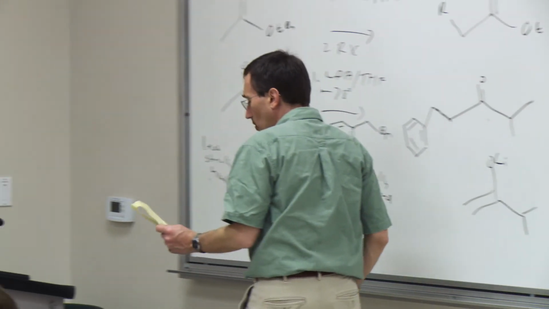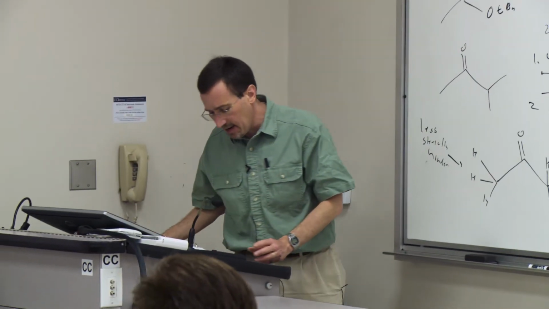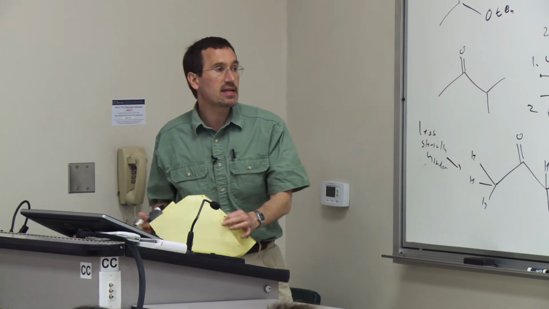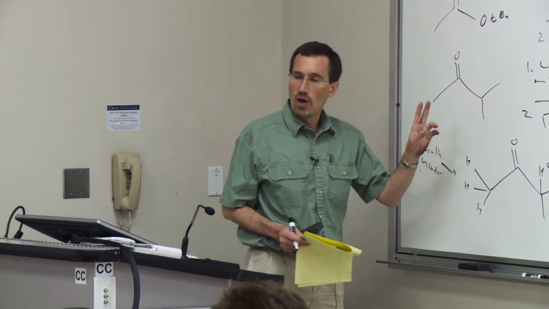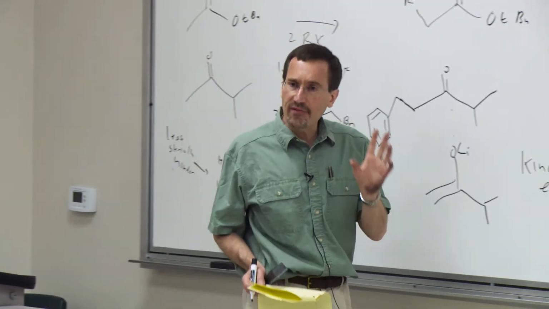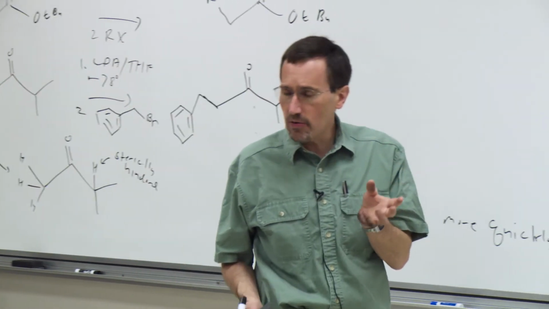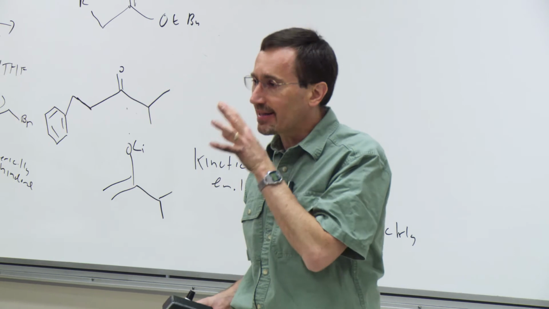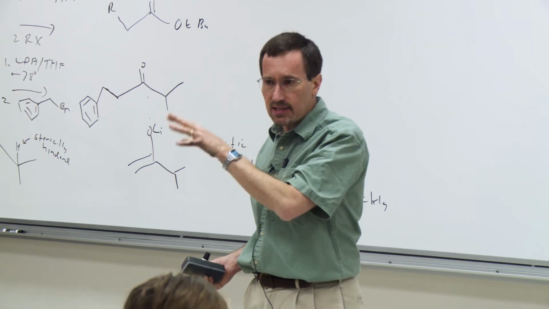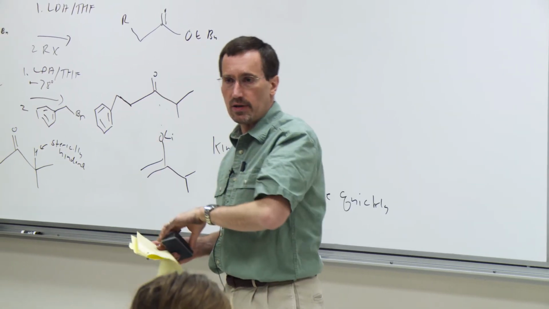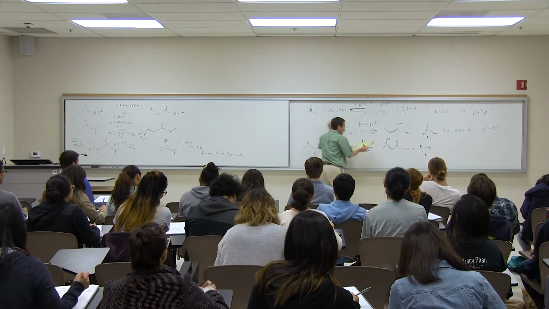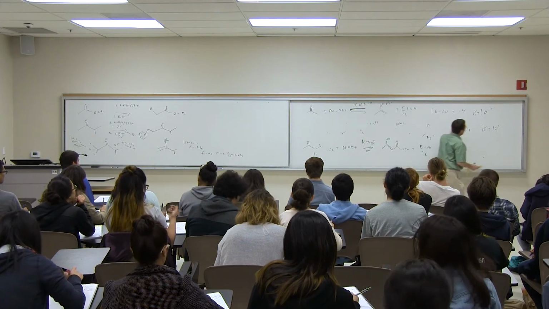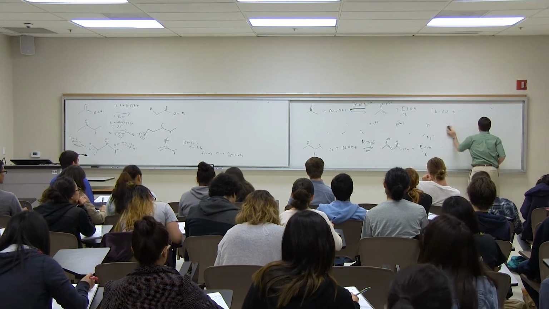And this is cool because it gives us this element of regiochemical control, whereby if I have a choice of pulling off 2 protons and I generate the kinetic enolate, I can select for the less sterically hindered position. Now, organic chemists are never happy to just have one choice.